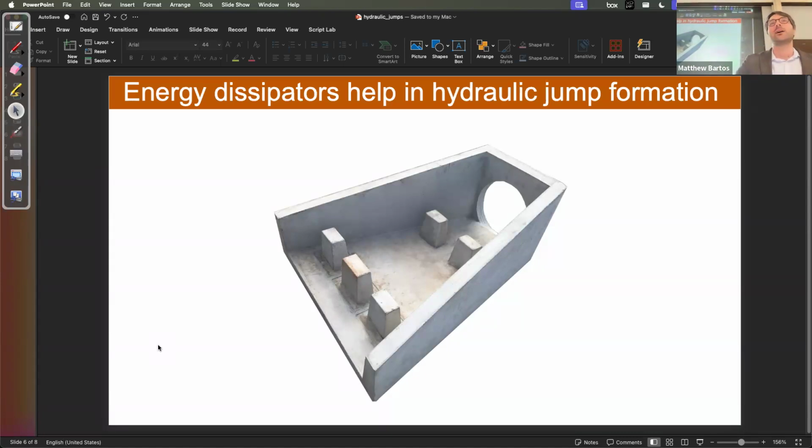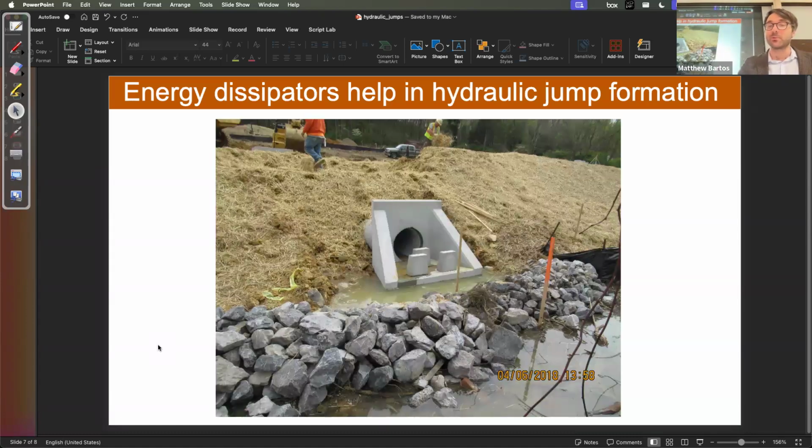You'll see these both in large scale hydraulic infrastructure like in dams, as well as small scale stormwater infrastructure. So these help assist the formation of a hydraulic jump. We'll go through the physics exactly of how that happens today. Here's an example in stormwater specifically. We have these energy dissipators at the outlet of a culvert. Those energy dissipators will help assist that transition from supercritical to subcritical flow.